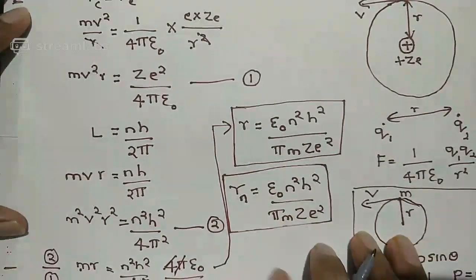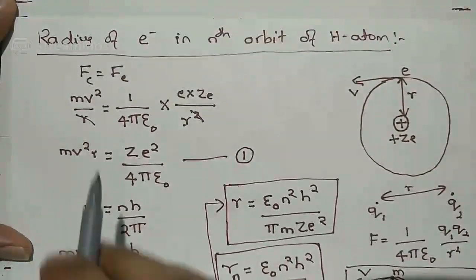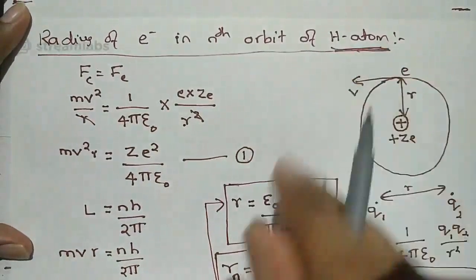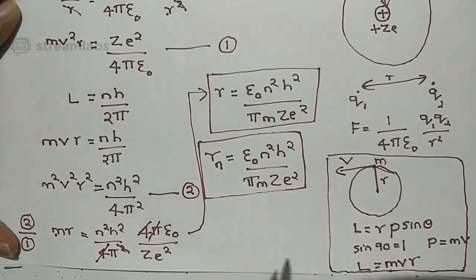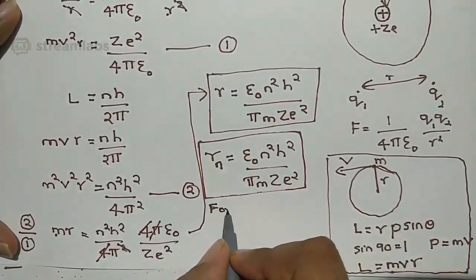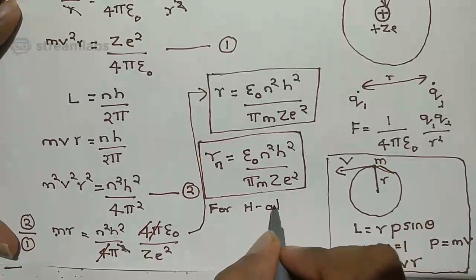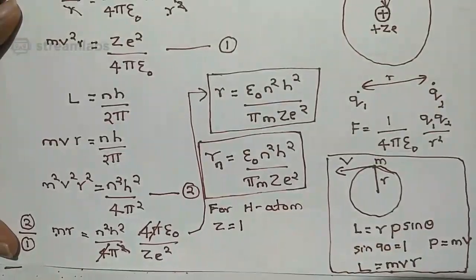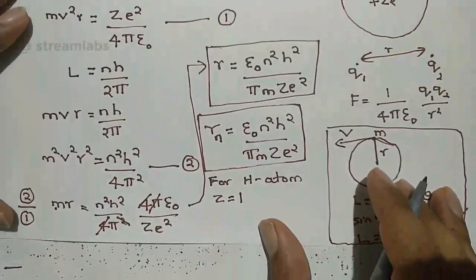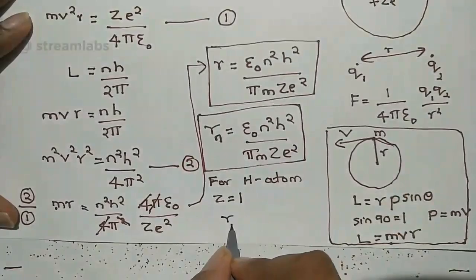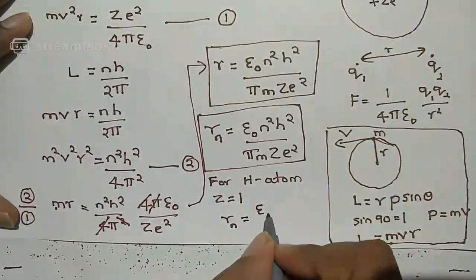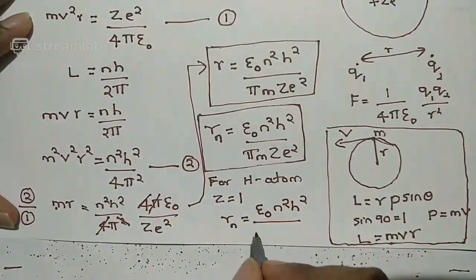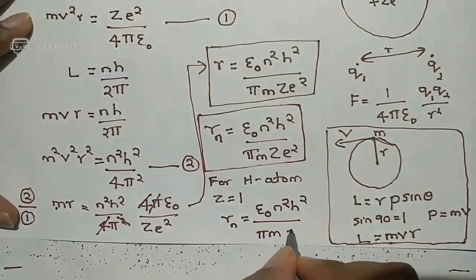Now look at my heading. What I have written? Radius of the electron in the nth orbit of hydrogen atom. So now for hydrogen atom, what is the value of Z, students? Z equal to 1. So this expression reduces to Rn equal to epsilon naught n square h square by pi m e square.